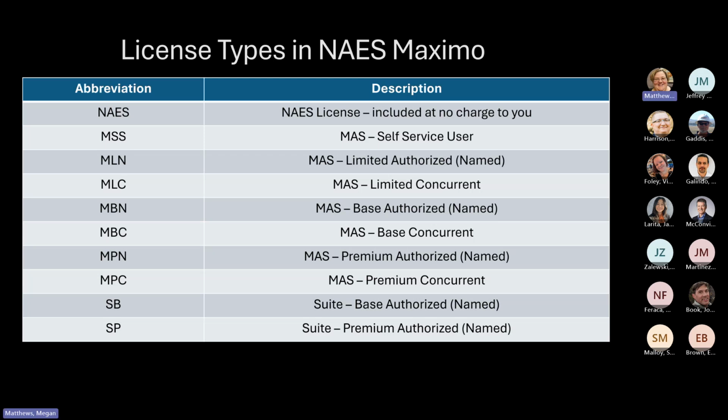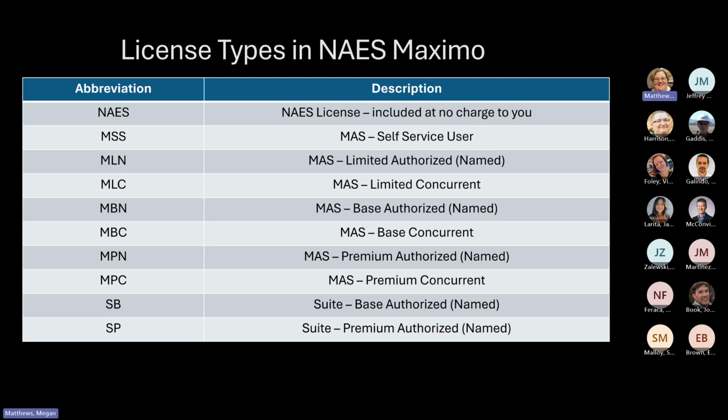There's going to be a Datadog user that will go in. So anything that we put in, it's no charge to you. It's identified as NACE. So just so you understand what those are for, they can't be deleted or removed necessarily, but they're no charge. An MSS is mass self-service, which is free.